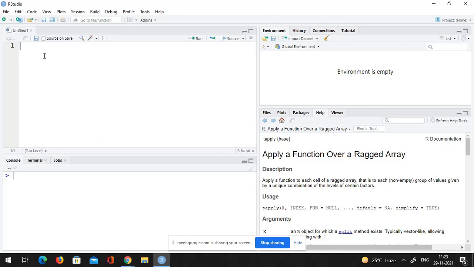Okay, so let me first take some x. I will define n, let's say 100. X I will take uniformly between 0 and 10, let's say.